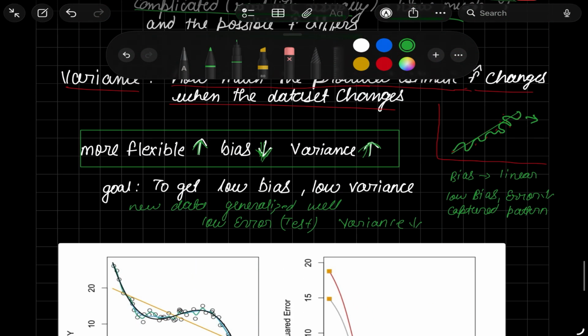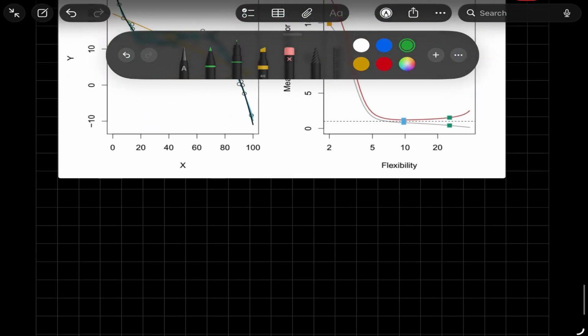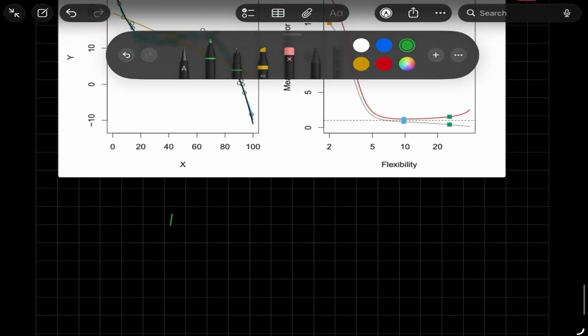Low bias and high variance, which we often call overfitting. You have heard this term, overfitting.